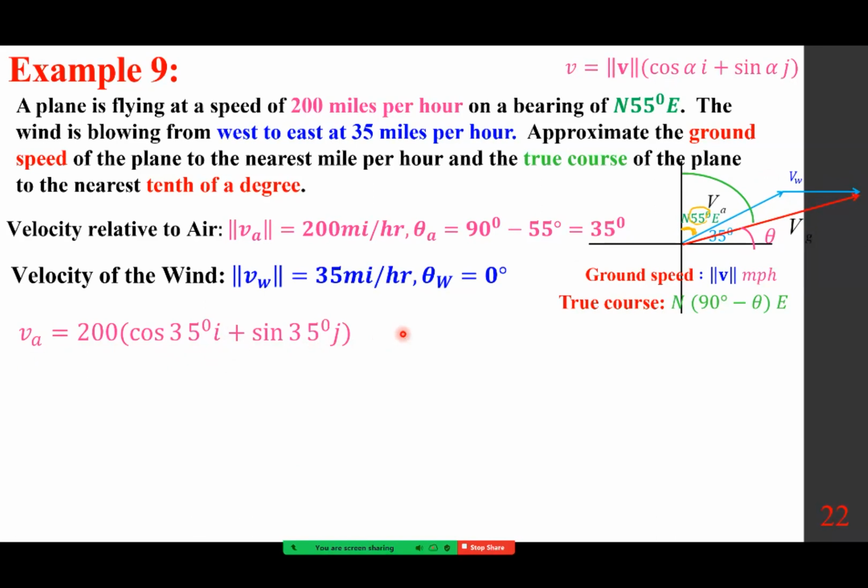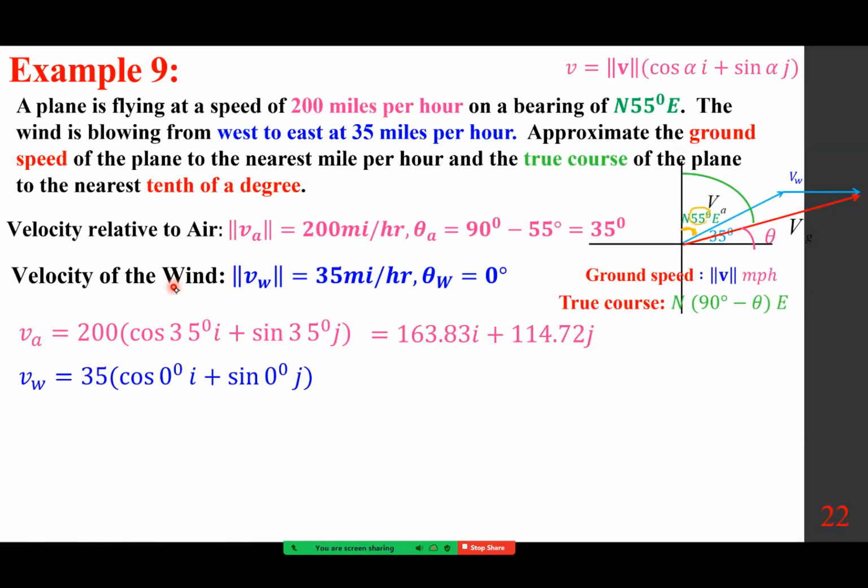And at this point, you have to put it into a calculator to find the values for cosine of 35 as well as sine of 35, and you multiply both by 200. It results in the following: 163.83 i plus 114.72 j. We do the same thing to the wind.